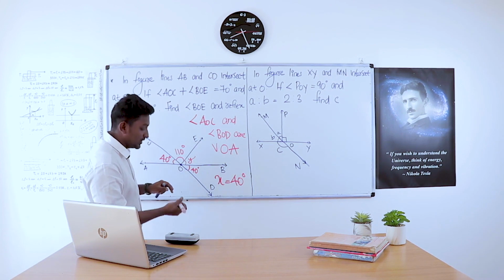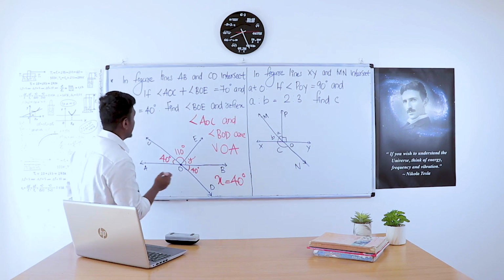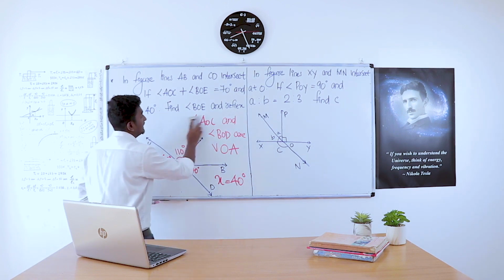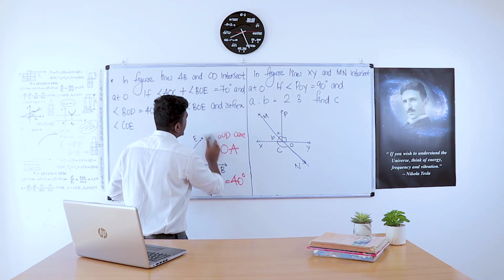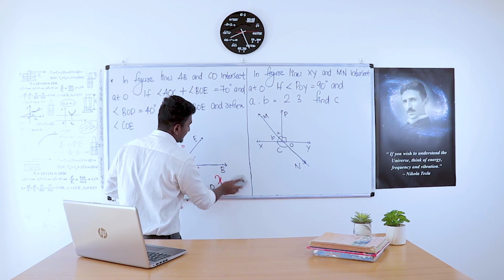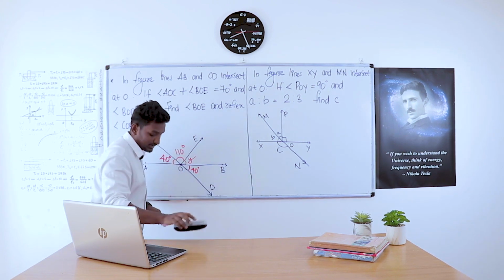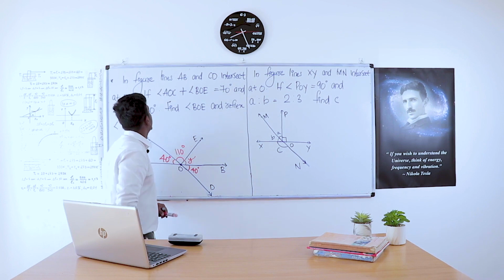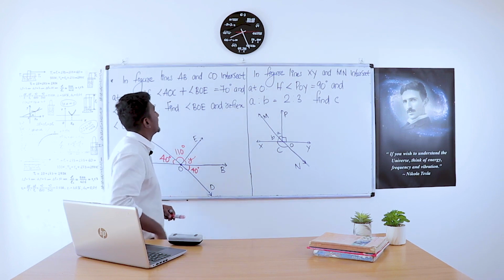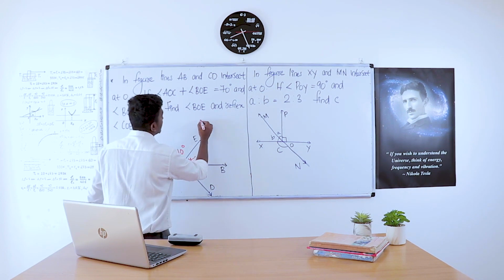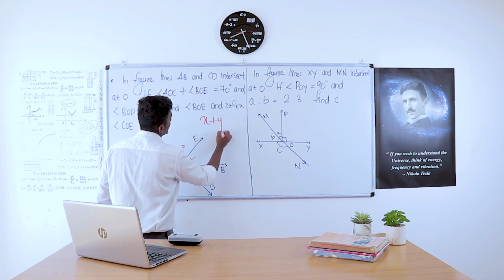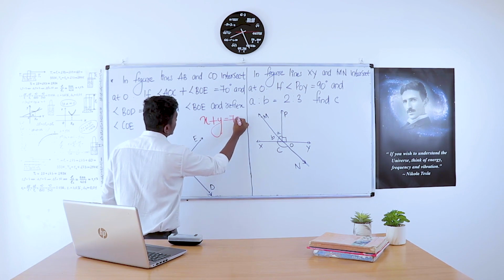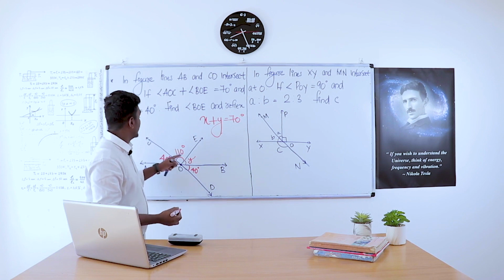Now we got the value of X equal to 40 degrees, and we have the condition X plus Y is equal to 70 degrees. It is already given in this question that angle AOC plus angle BOE is equal to 70 degrees, that is X plus Y is equal to 70 degrees.